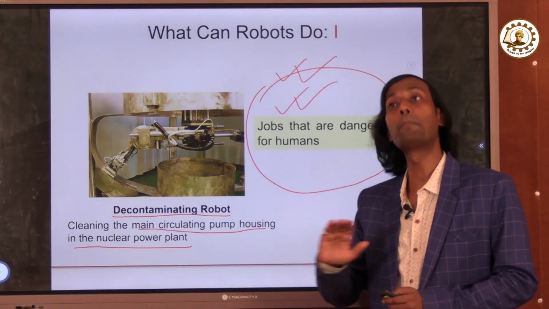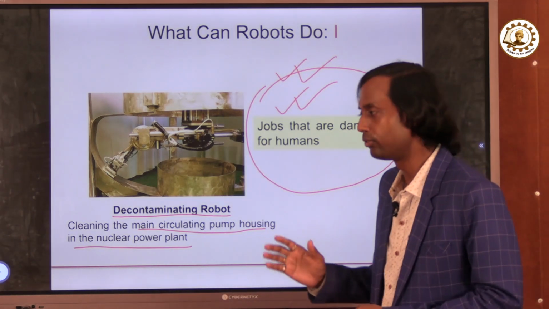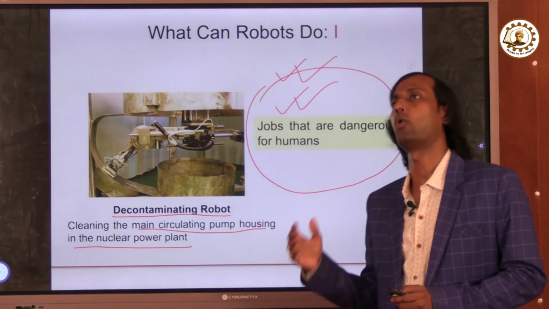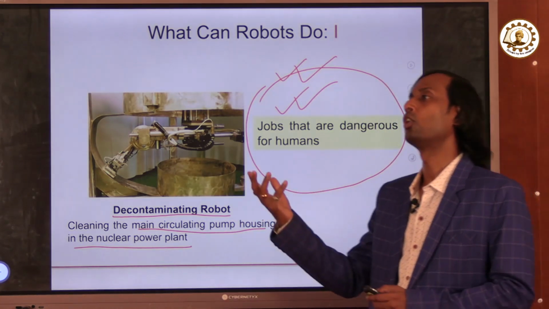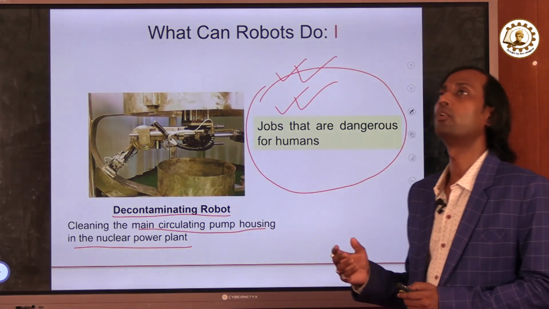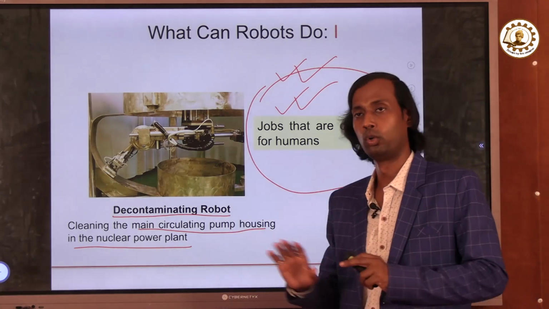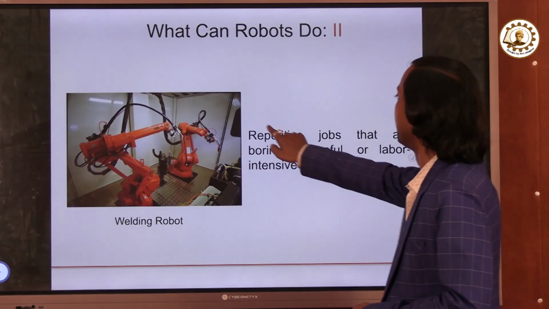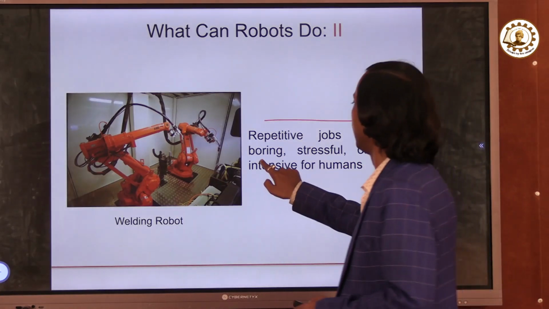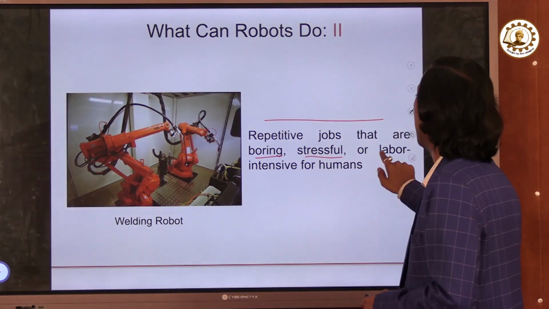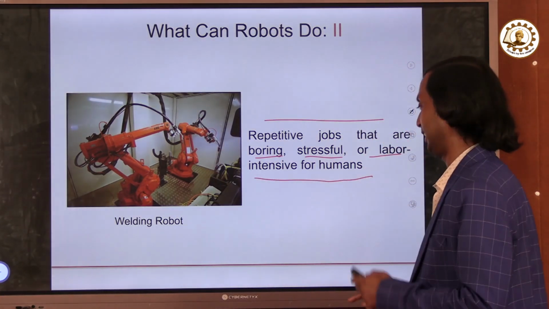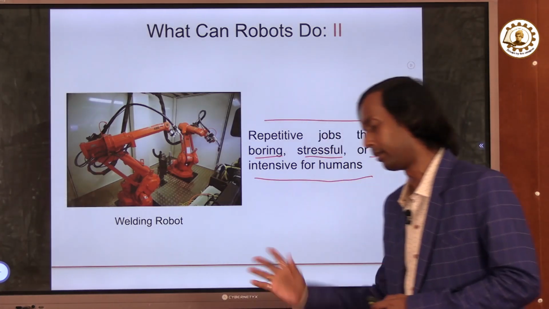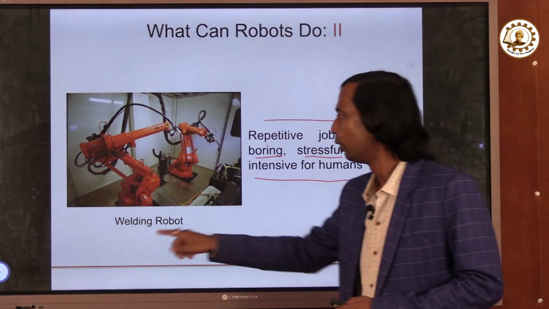A robot cannot replace the human being. Nowadays there is a worry that if robots come, jobs will be destroyed. No, nothing like that. Then repetitive jobs are very boring, stressful, and labor intensive for human beings.